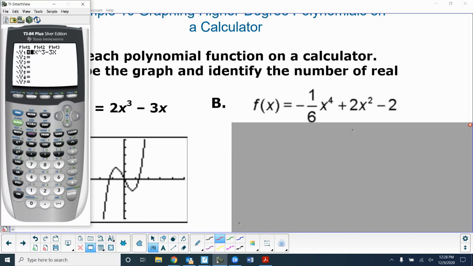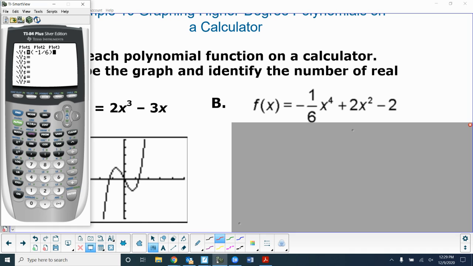All right, hit clear, go back to your y equals, hit clear. Now how am I gonna put negative 1/6 in this calculator? We'll put it in parentheses. So put your parenthesis right above the 8, left one. Negative is down here, very bottom under the 3. And put 1 divided by 6, parentheses. There's your 1/6. Okay?